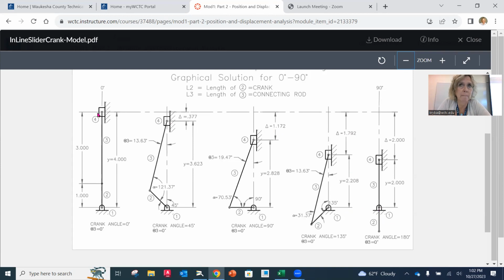So inline is a mirror image on either side. If I am offset, unfortunately, it's not a mirror image. And you get to do one inline and one offset. It's going to be very similar, but you're going to do a displacement diagram for each.